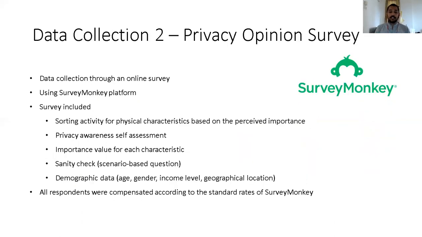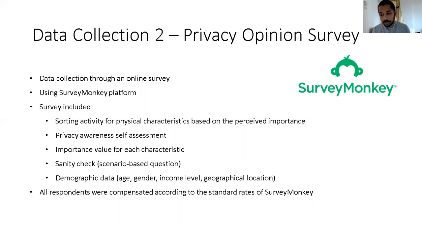Along with this Gait data, we also collect another dataset to see the opinions about privacy. For an example, we'll be collecting a lot of additional information, physical and socioeconomic information. We want to see out of this information which are more private to a person.